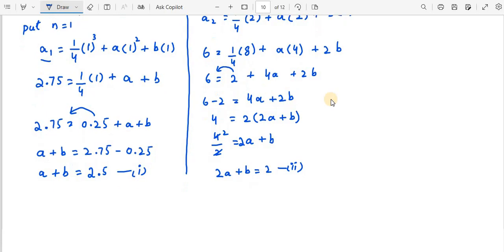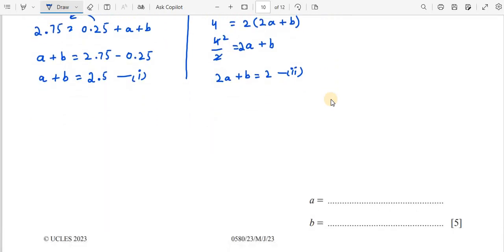So to find the values of a and b, subtract these equations from each other. So a plus b minus 2a minus b is equal to 2.5 minus 2. So here, first of all, write equation number 1 minus equation number 2.